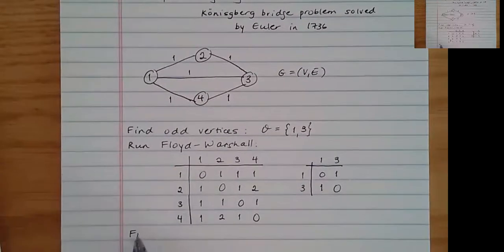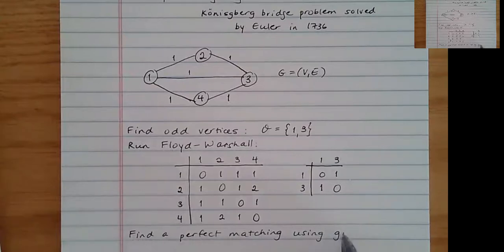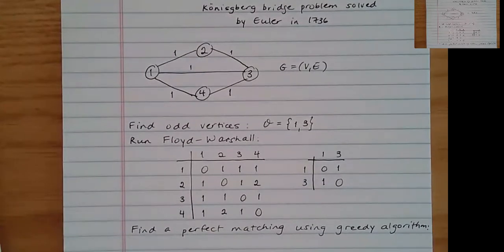So we want to find a perfect matching. Now, it's important that we're using a greedy approach because doing this optimally in general is expensive.